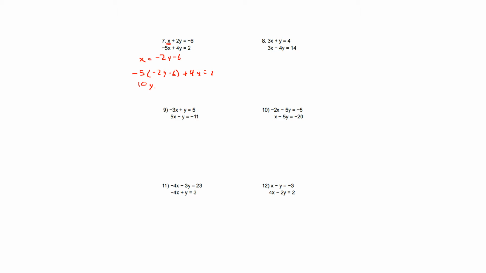So we get 10y plus 30 plus 4y equals 2. 14y plus 30 equals 2. 14y equals negative 28. Y equals negative 2.